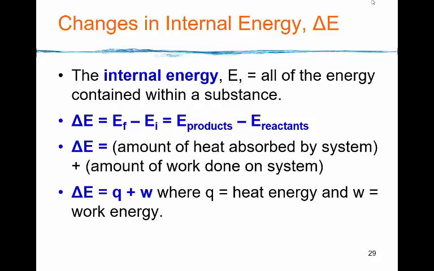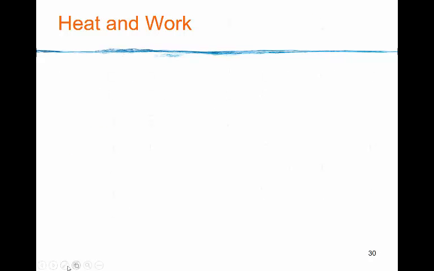The change in internal energy is just like we've seen before, the energy of the products minus the energy of the reactants. It's the amount absorbed by the system plus the amount of work done on the system.